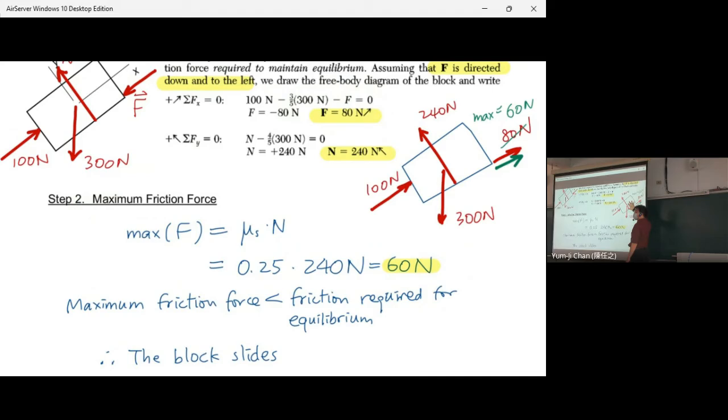So the block will go down. Because if it goes up, then it should be higher than 80 Newton. And if there's only 60 Newton, then it goes down because we don't have enough force to keep it here. So in this case, the block slides downward.